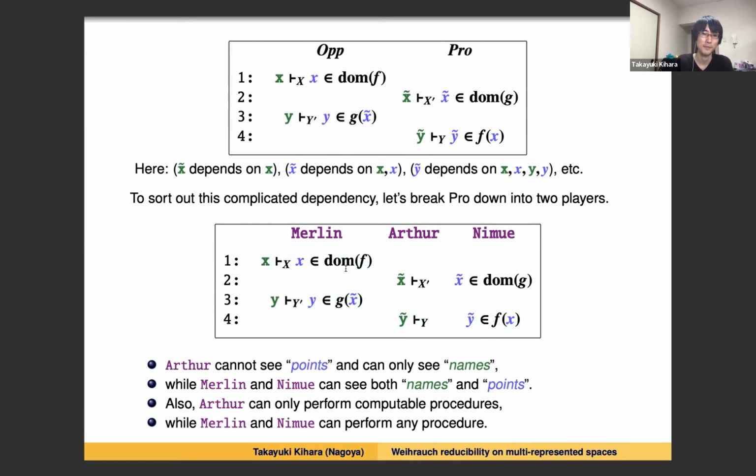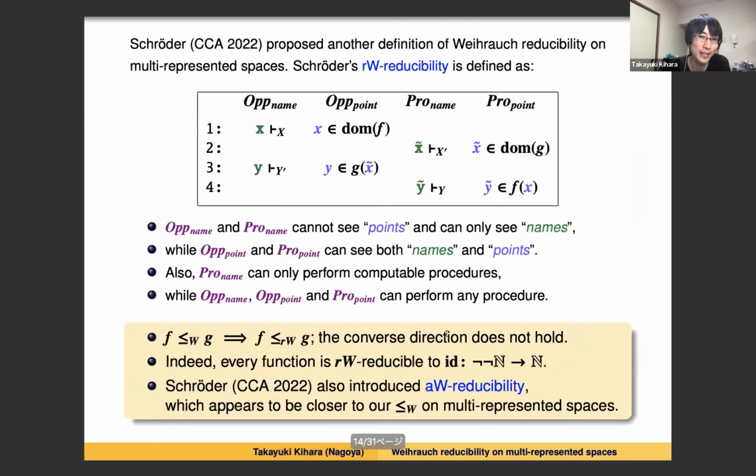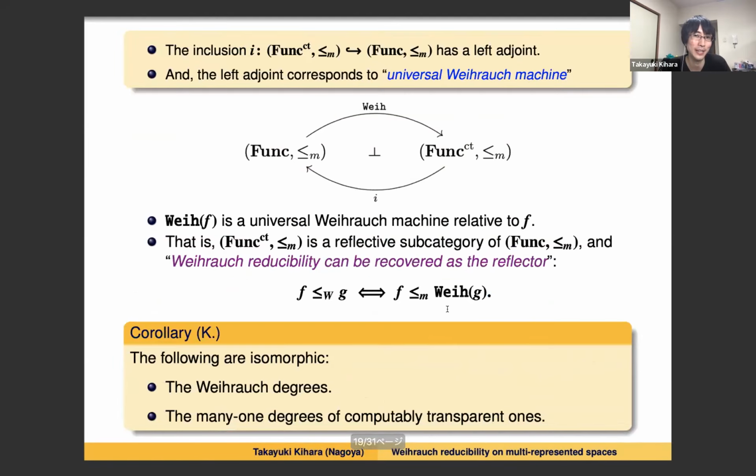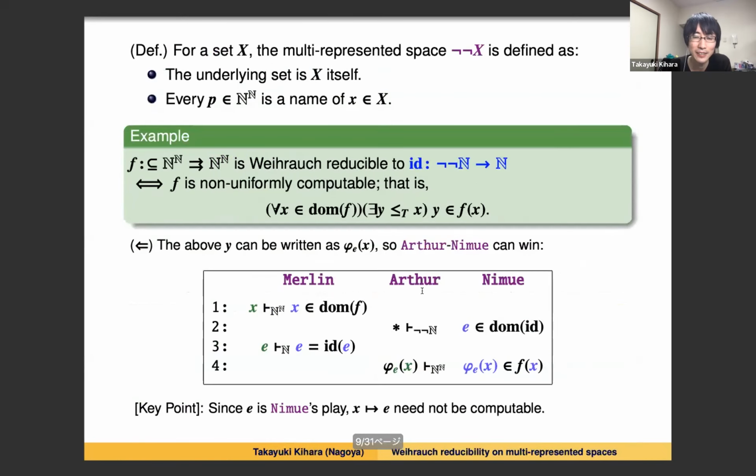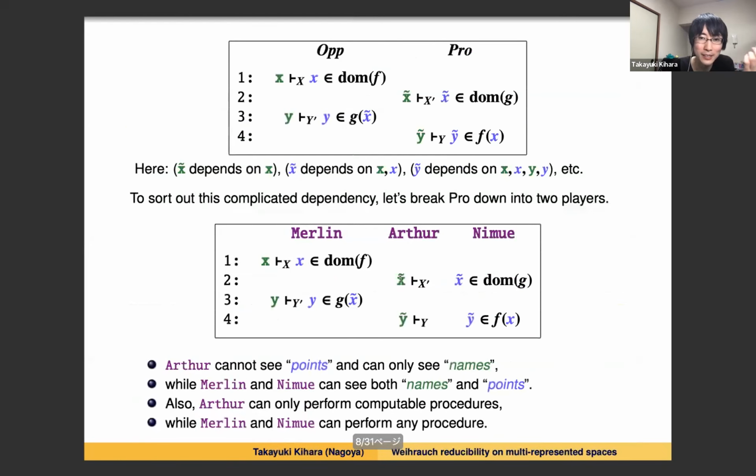There are several definitions of Weihrauch reductions, and this Turing Weihrauch game is a somewhat different version of Weihrauch reducibility. In the case of the first Weihrauch reducibility, the game ends at a fixed round. So the game only consists of four steps.